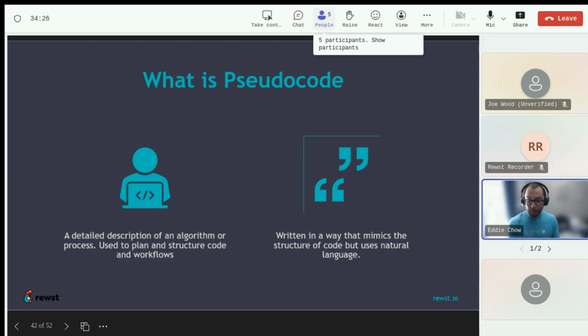It's writing as if we were coding. And what I personally really like about pseudocode is that it acts as a bridge between how we think as everyday people and how we would think about problems and solutions if we were actually having to code something.